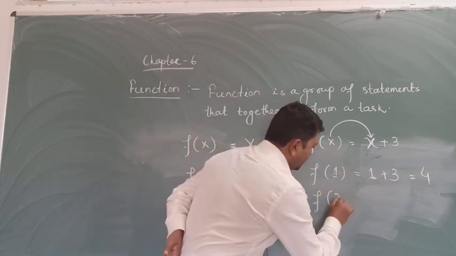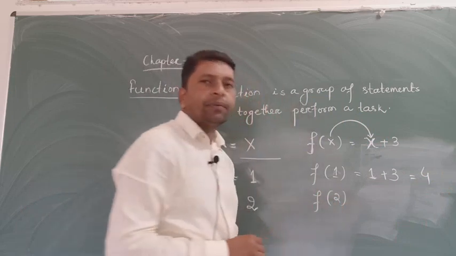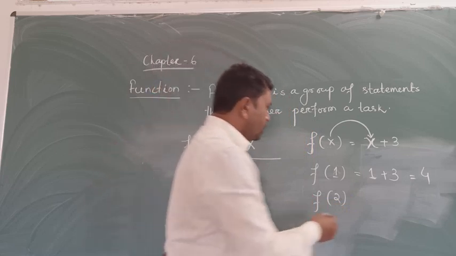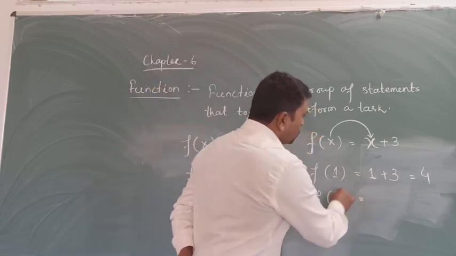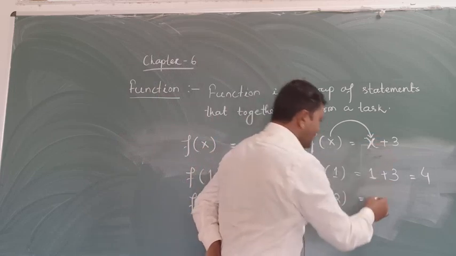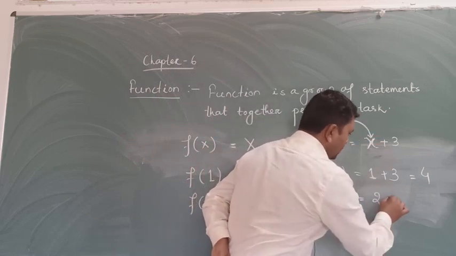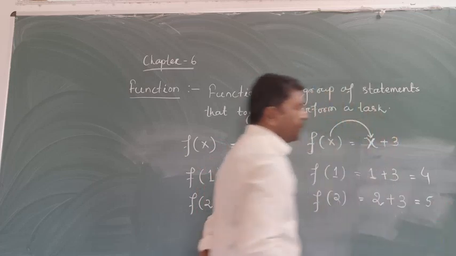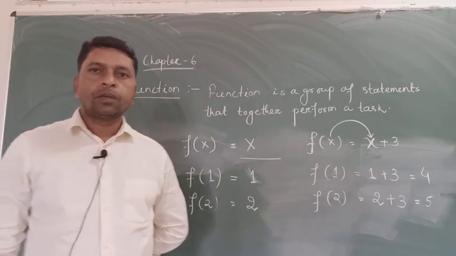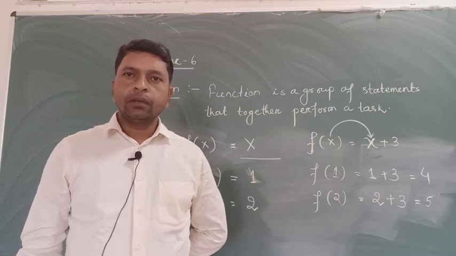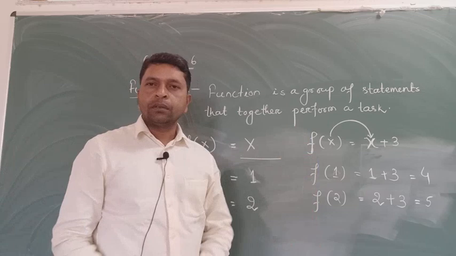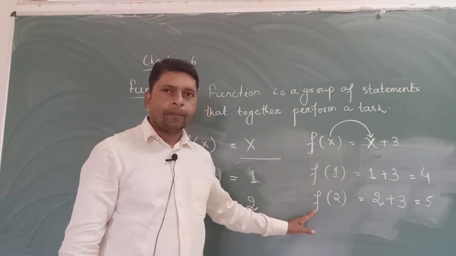If I want to find f of 2, then what happens? The 2 is reflected on the x, and that is 2 plus 3, which gives us 5. So this is the working pattern of a function, how it works.